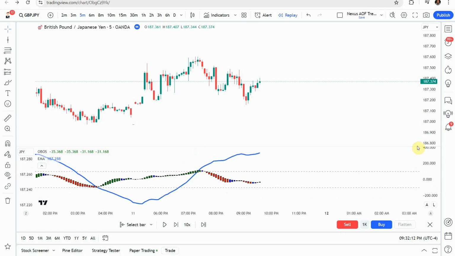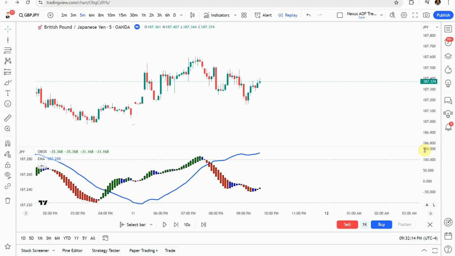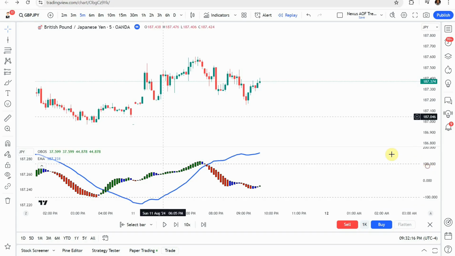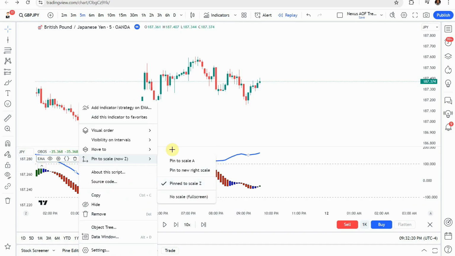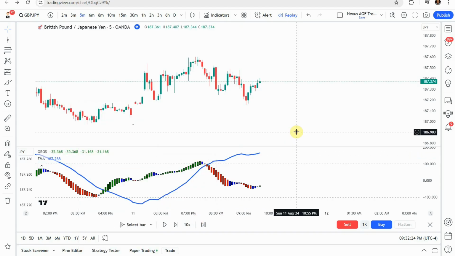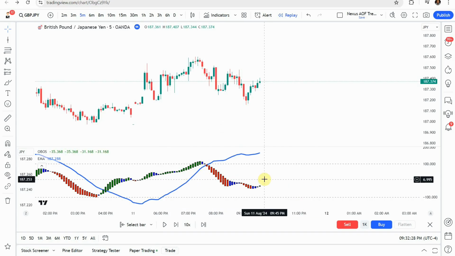It is not pinned to the same scale. And so that does pose a problem. Even if you go into the settings and play around with the pin to scale, you can't quite get it to pin to the OBOS indicator.